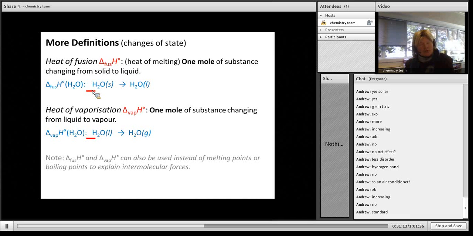Okay, now one point, I'm just going to digress a little bit. Remember what we did in the 304.2 on intermolecular forces, and we used melting points or boiling points, and you had to discuss which ones had stronger intermolecular forces. They can also use the delta H fusion and delta H vaporization for this, because what are you breaking to go from solid to liquid?